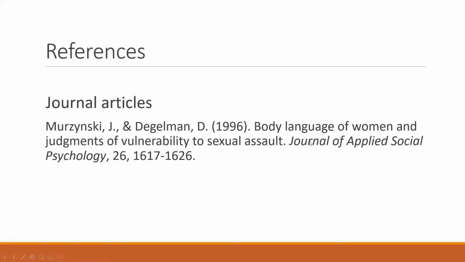Then we see in italics the journal that this was published in. This is in the Journal of Applied Social Psychology, issue 26, page numbers 1617 through 1626. This should show up as written in this sort of format at the end of your document in the references section. And this is for journal articles.